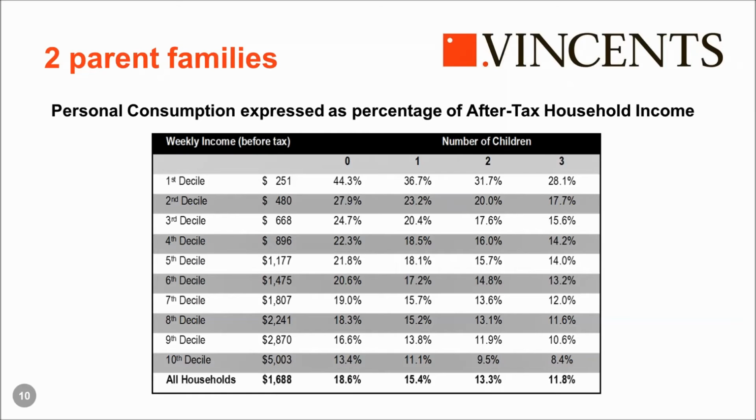As you trend up in the income stakes, that personal consumption decreases as a percentage of income, such that you're starting at essentially 44% and going down to about 13.4% of after-tax income. Now, that contrasts to the old tables, which essentially said that you spent 34.4% of your income on yourself. So you can see that there are some pretty vast changes.